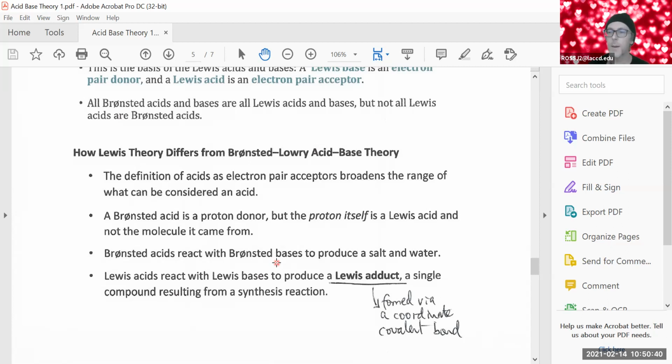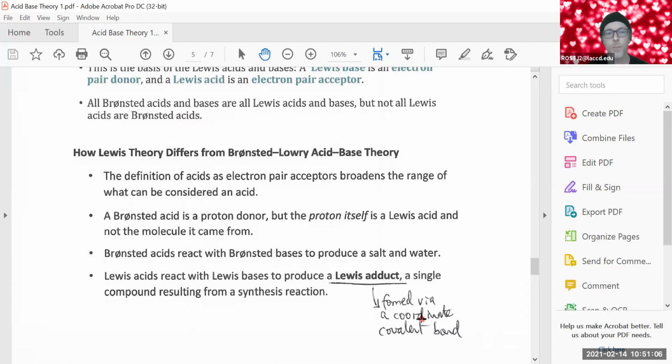So a Lewis base is an electron pair donor. When you donate a pair of electrons, and then you've got the acid which accepts them, you form a new bond. You form specifically a coordinate bond. Coordinate means that both of the electrons come from the same atom rather than being shared in a regular covalent bond.